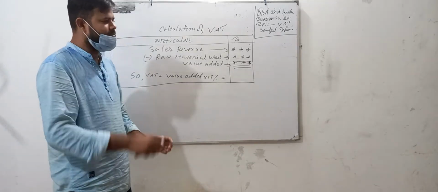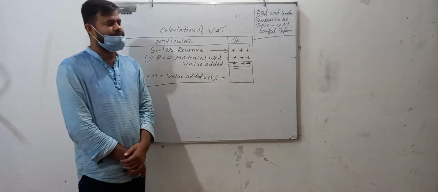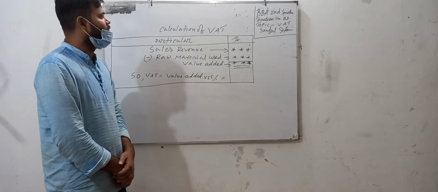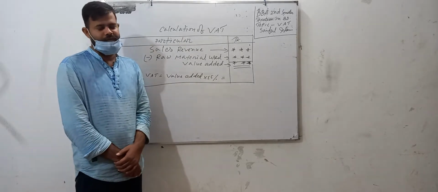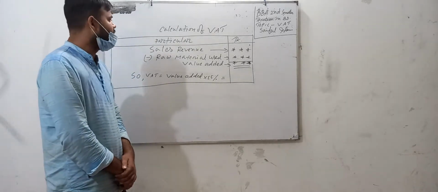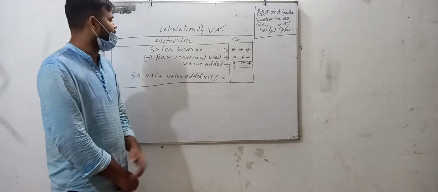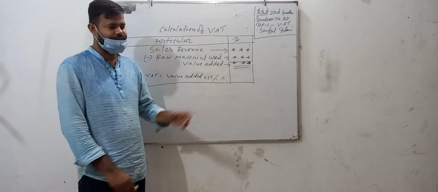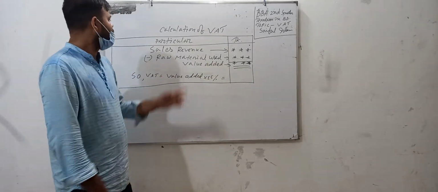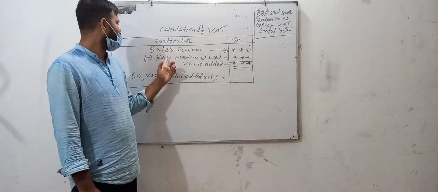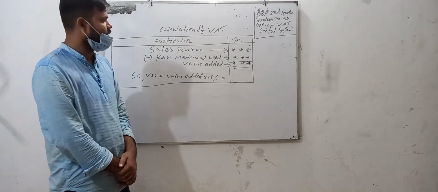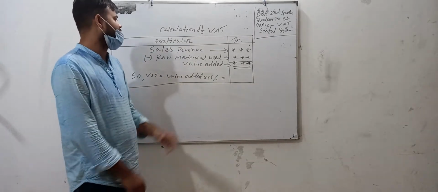Raw material used means, I repeat, opening raw material plus purchase of raw material minus closing raw material. Then we get raw material used. Sales revenue minus raw material used gives value added.